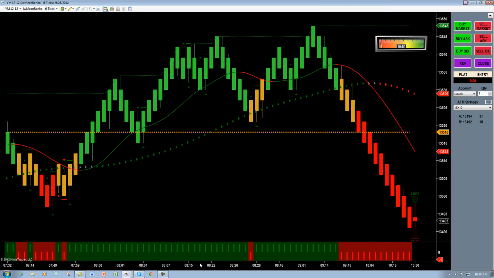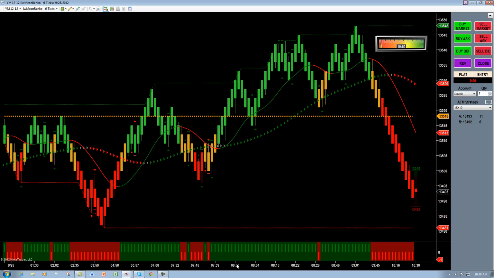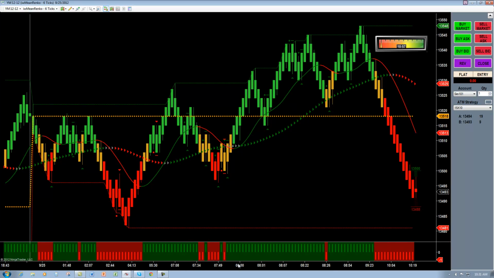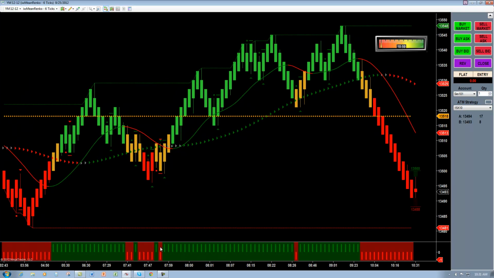Now, another way we can tell that we have a slow moving day is if we look at our mean Renko bars here, we can see that our open here right at about 7:30, and this is the micro scalper, and this is a 6-range bar.